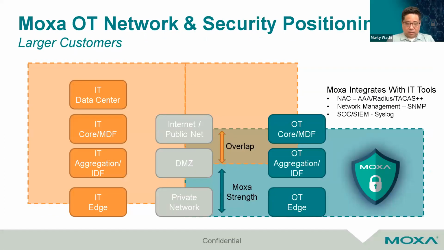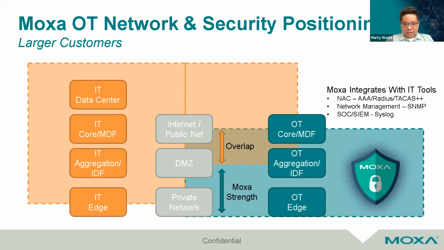But as far as where Moxa plays, this is really important because you've got a lot of choices out there, and Moxa is not a big, huge networking company like, let's say, a Cisco that's trying to play everywhere in the network, both on the IT side and the OT side.